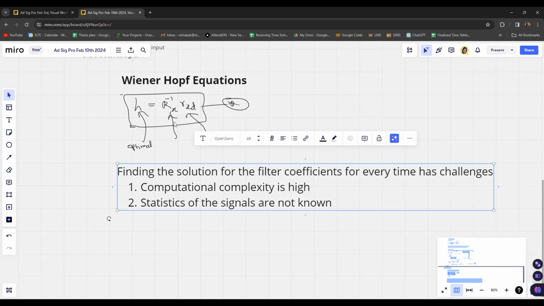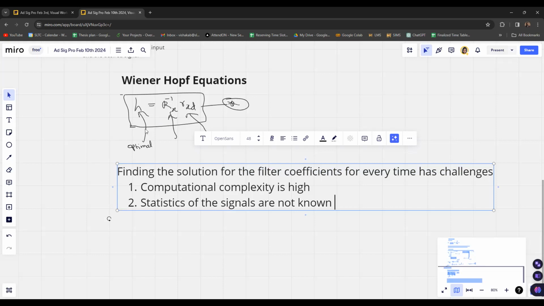So rather than going for this calculation using the mathematical equation, the Wiener-Hopf equation, we are going to use a simpler, iterative algorithm that will be practically implementable and will also enable us to minimize the error, such that we can compute the values of the filter coefficients with time. Because the Wiener-Hopf equation is computationally complex, sometimes we might not be able to find the filter coefficients directly using this equation.